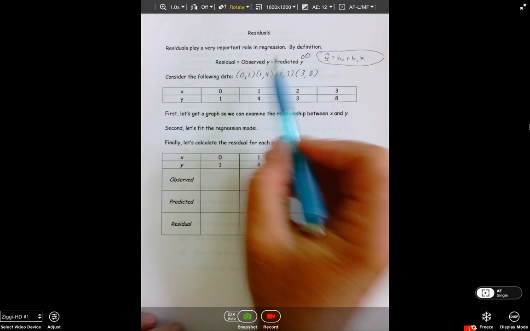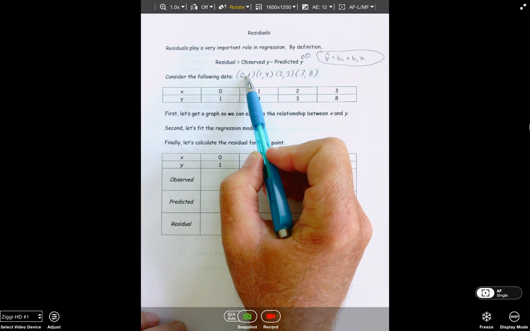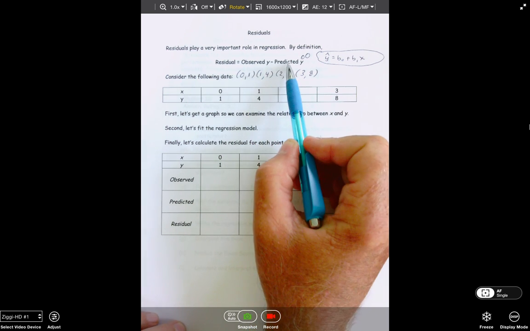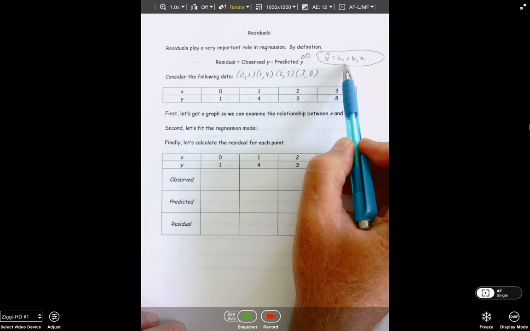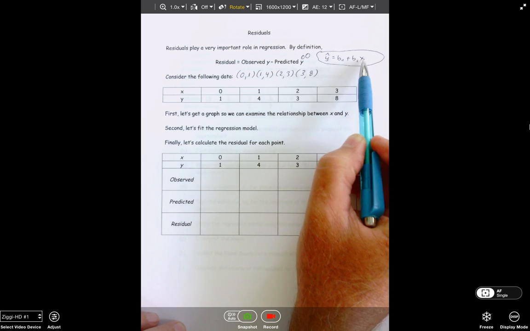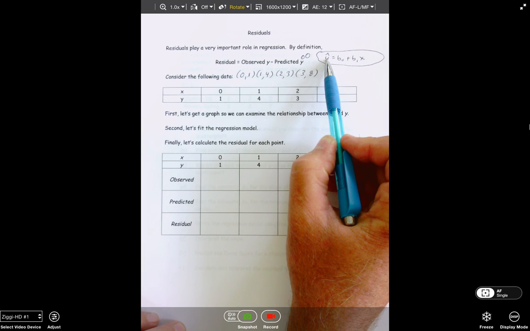So to get the observed y, we go directly to the ordered pair, the data that has been collected. To get the predicted y, we have to create this model, put our x value in the model, and create what's called the predicted y.